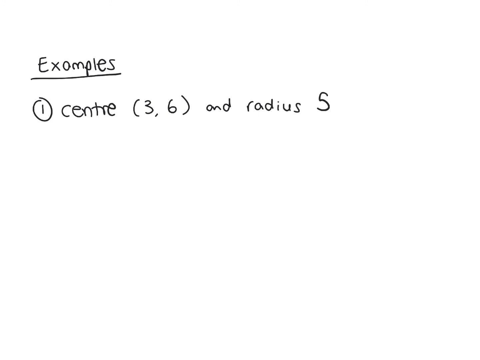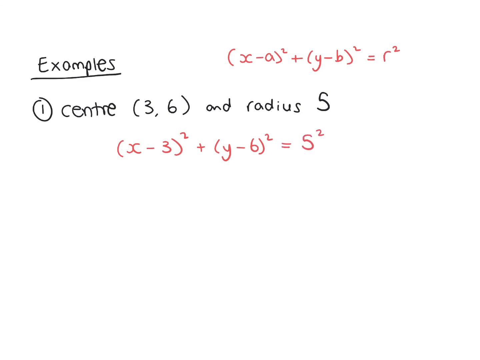Just remember the equation: x minus a squared plus y minus b squared equals r squared, where the centre is a, b. So this one's easy. That one's just x minus 3 all squared plus y minus 6 all squared equals 5 squared.